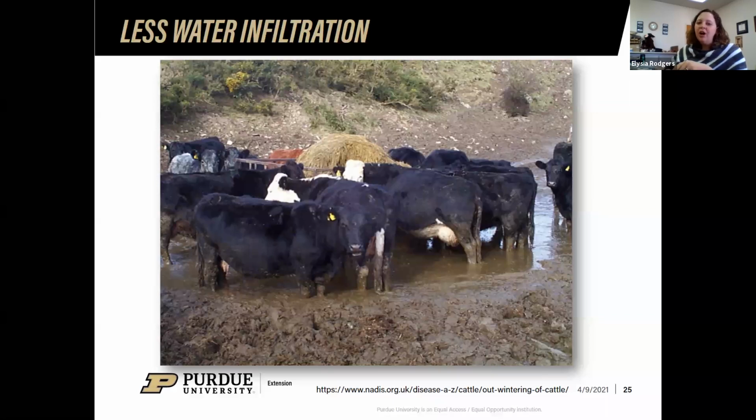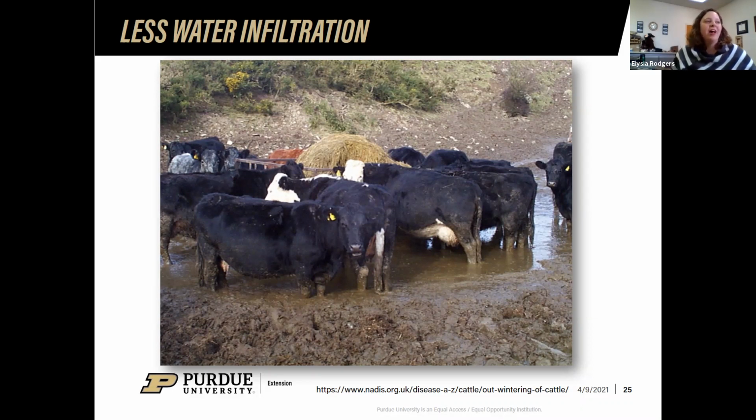The fewer roots there are, the more compaction there is, the harder it is for water to seep into the ground. That's why in this example, we've got the cattle around the hay manger, and it's just a mucky mess. But we'll talk about some solutions in just a couple of minutes.